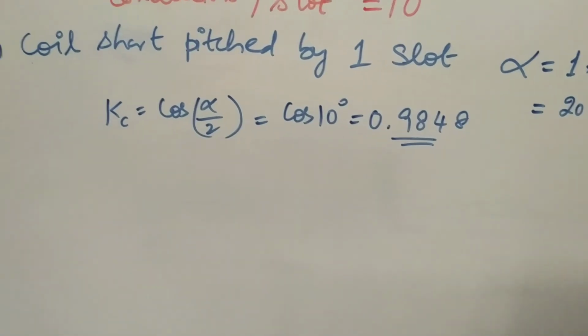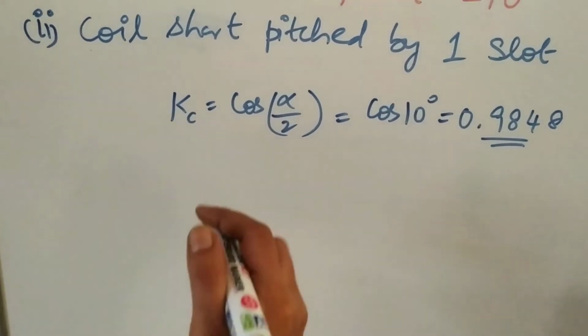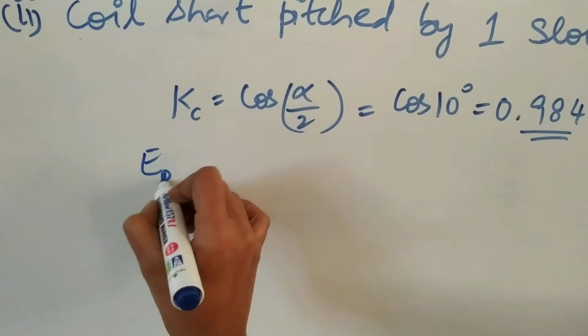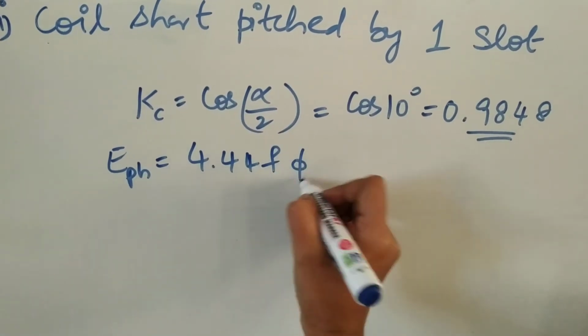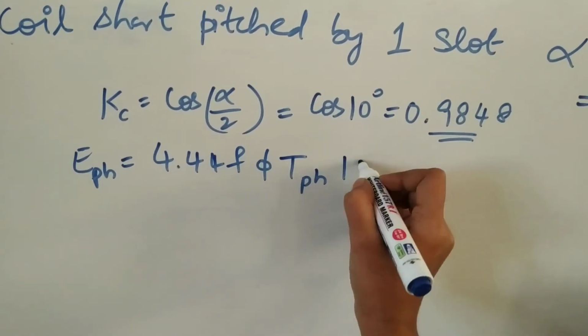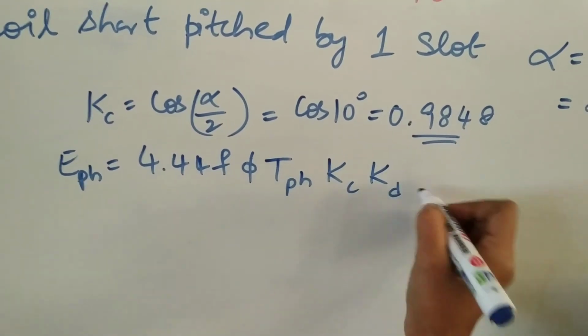Now let us substitute this value into the EMF equation. What was the EMF equation formula? 4.44 F phi into T phase into Kc into Kd, right?